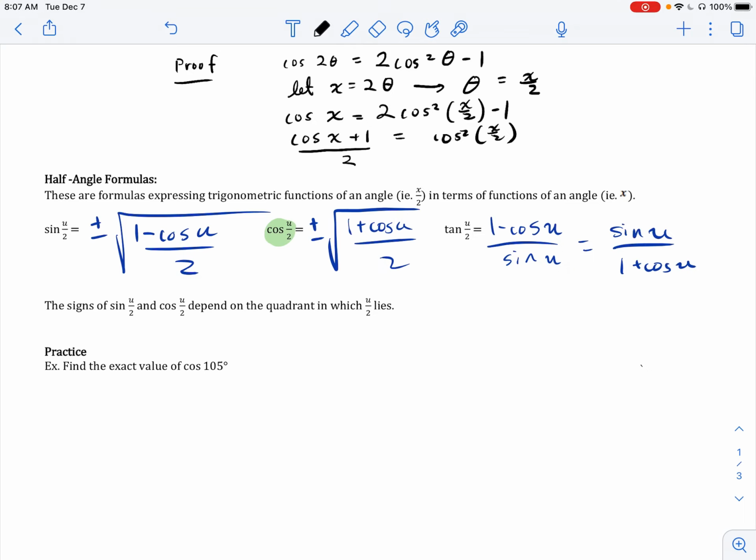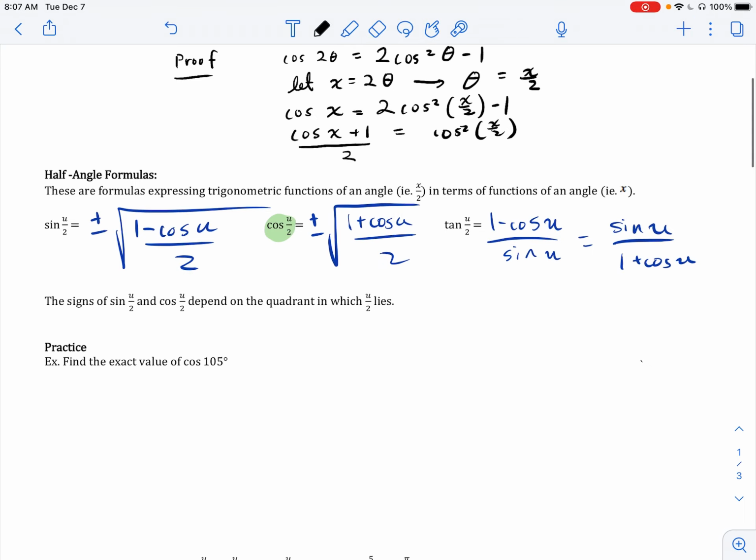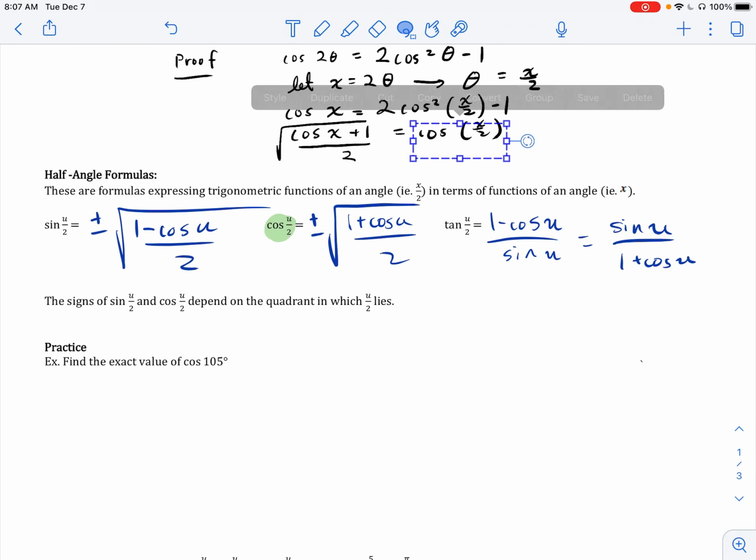Since I notice that this is cosine squared x over 2, I'm going to take the square root of both sides. So the cosine of x over 2, or in this case, the cosine of half of some angle x, is equal to this. And hopefully you're noticing that I'm missing something. Anytime we take the square root of both sides, I have a plus or minus there.